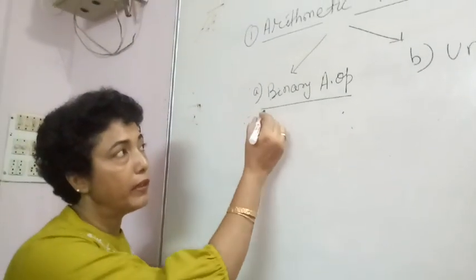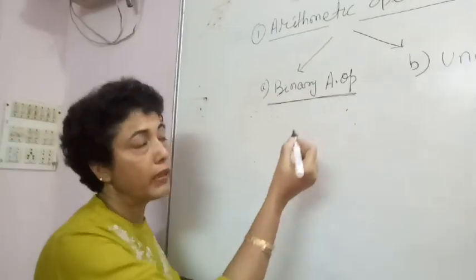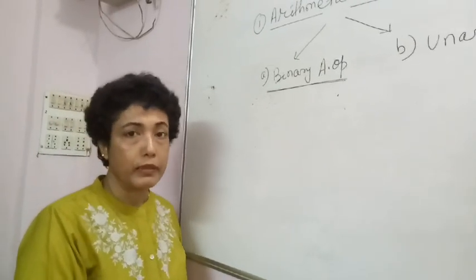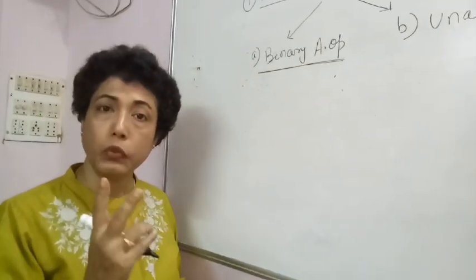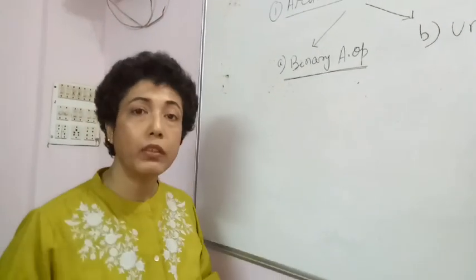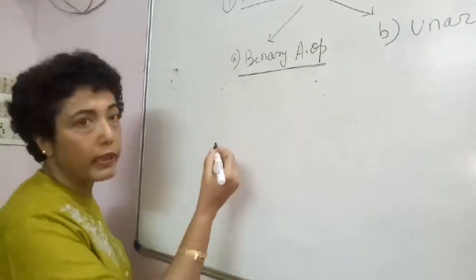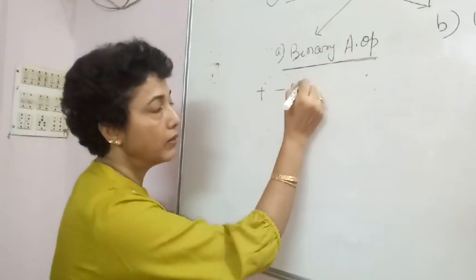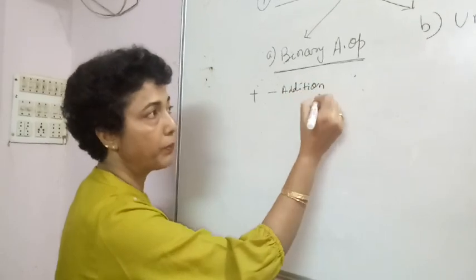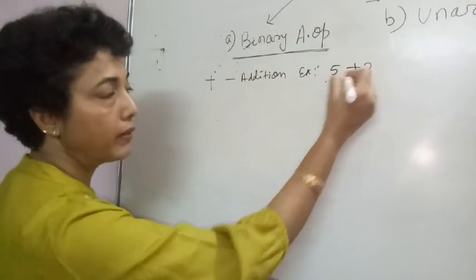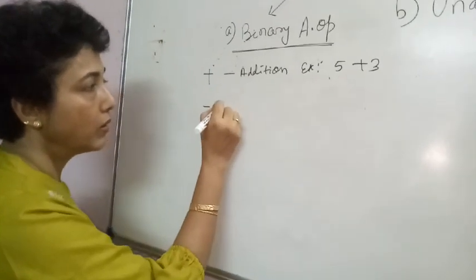The arithmetic operators that come under the binary group are operators used with two operands, and they appear in between the operands. For example, this is the addition operator, the plus operator. For example, 5 plus 3.